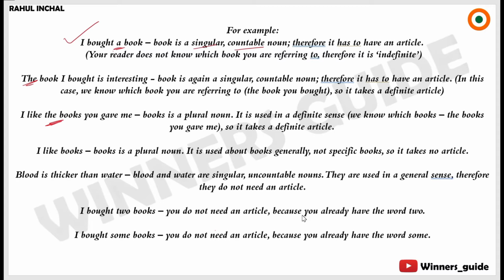Now, up next we have: blood is thicker than water. Blood and water are singular, uncountable nouns. They are used in a general sense. Therefore they do not need an article. Okay. I bought two books. You do not need an article. Why? Because you already have the word two.